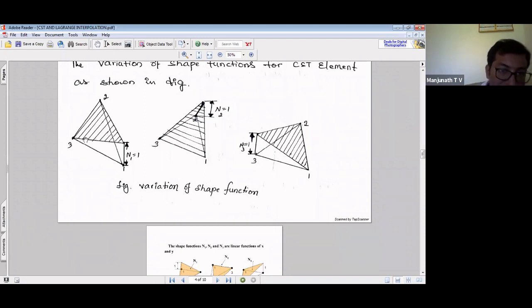Like that, n1 becomes 0 at node number 2 and node number 3.